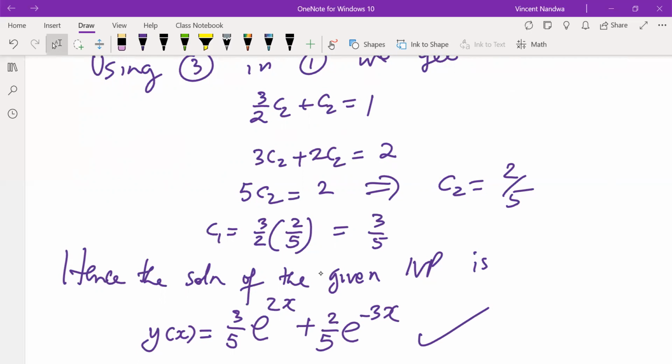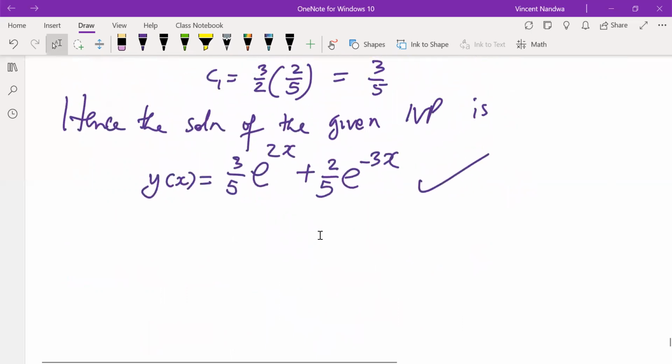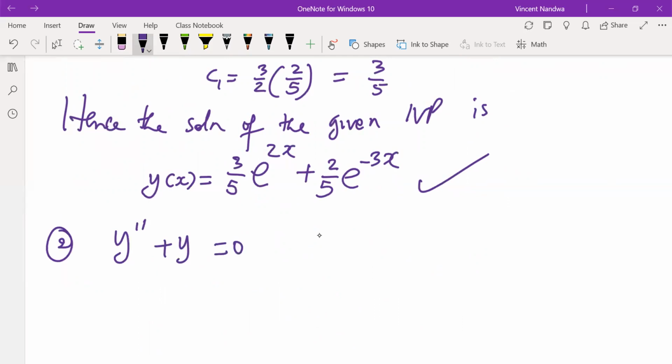And then example 2, y double prime plus y equals 0. y at 0 is 2. y prime at 0 is 3.